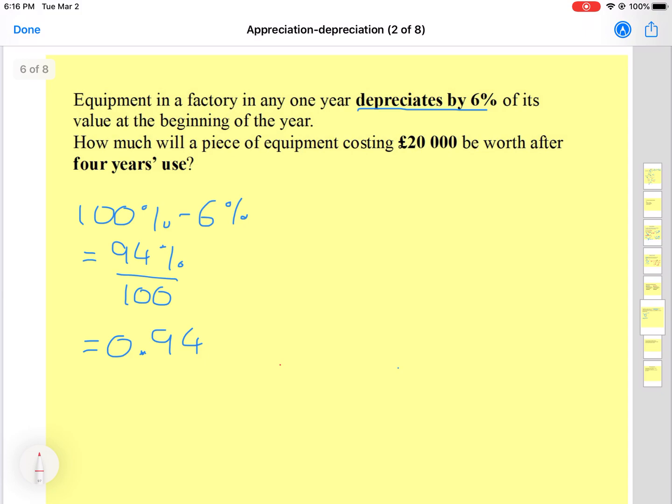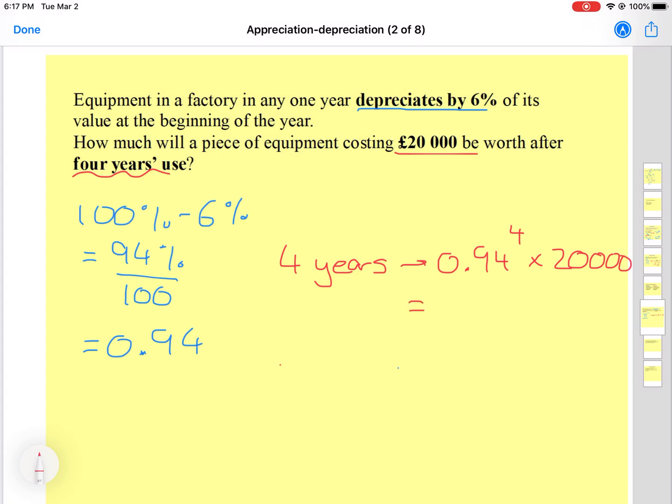Now the second part of the question says, how much will a piece of equipment costing £20,000, so that's our original, be worth after 4 years? So it will be the multiplier 0.94 to the power of 4 times what we started with, 20,000.